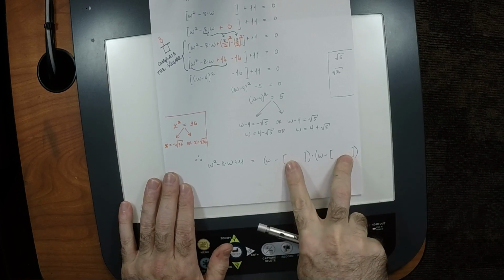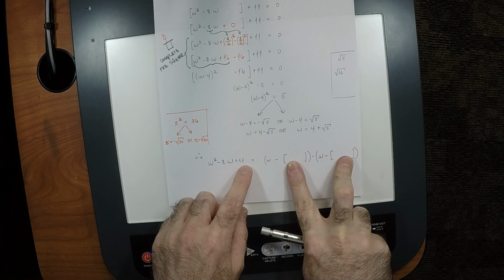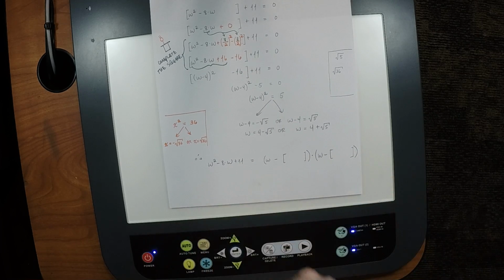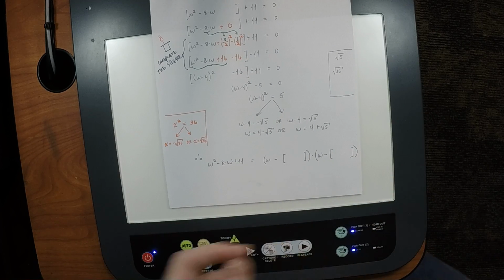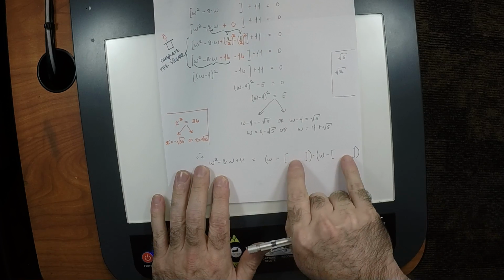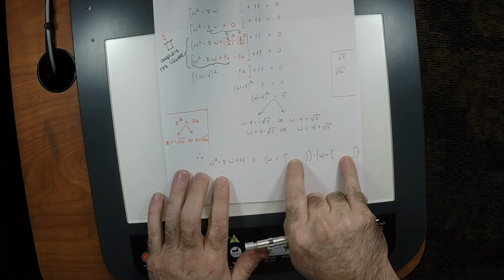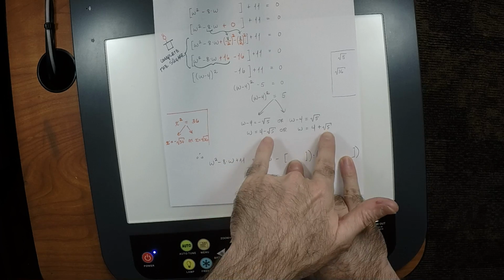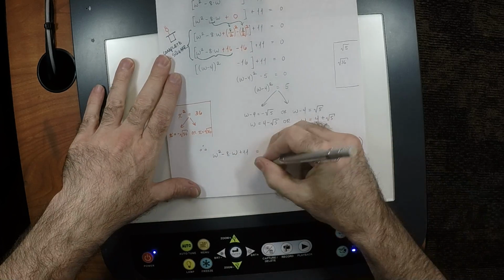We want these two numbers to have the property that they multiply to be that one and add to be the other one. What numbers go in here? Yeah, those two do.